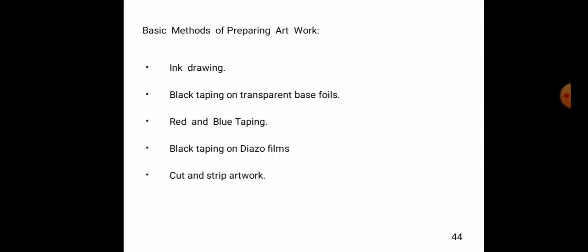These are the five methods we are going to discuss. In any method we can design the layout depending on our application, our understanding, our usability. We can change the designing.